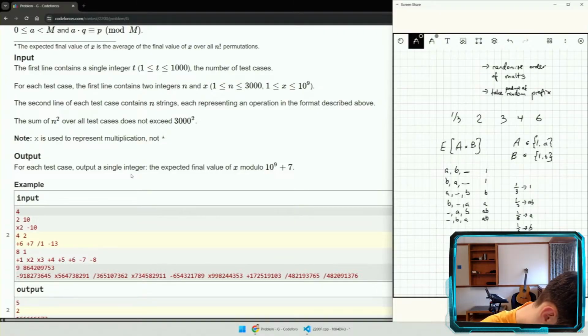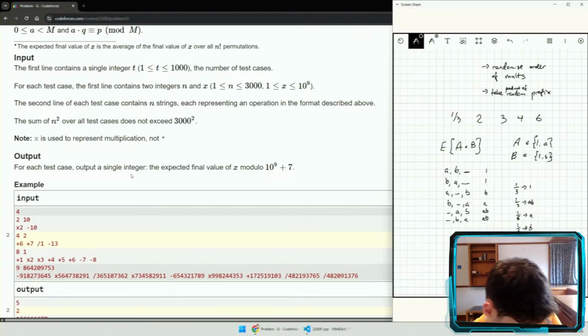Wait, I wonder if that was some kind of... what if we fix how many are in the permutation? Like how big the prefix is?